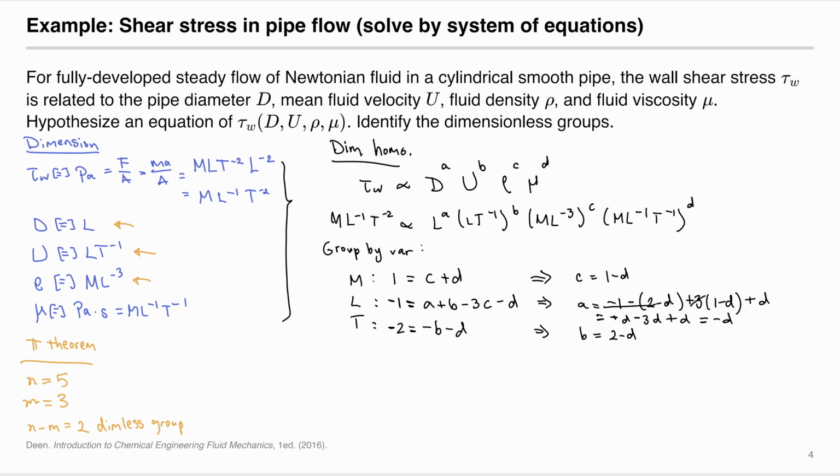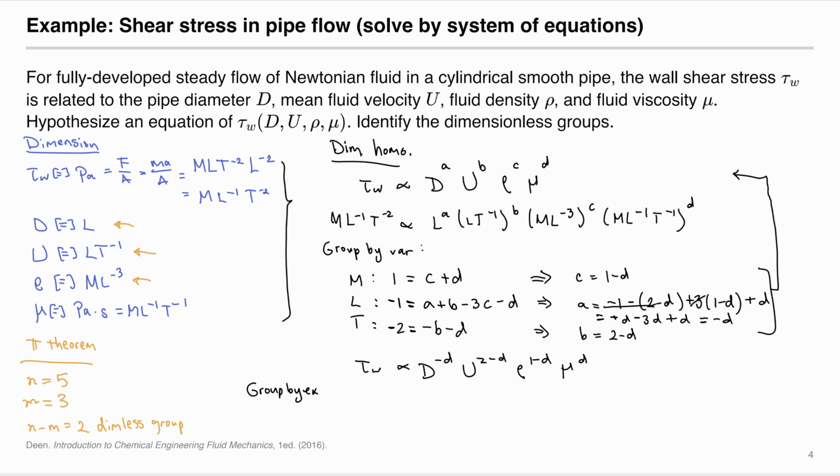And with all these equations, we can substitute these back to the original equation, which gives us tau W is proportional to D to the a, where a is minus d, U raised to the power of b, which is 2 minus d, rho to the power of c, which is 1 minus d, and mu to the power of d. Now we can group by exponents.